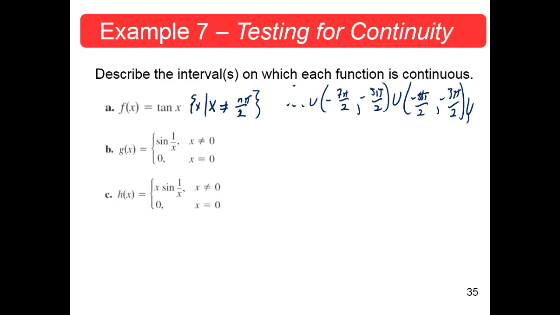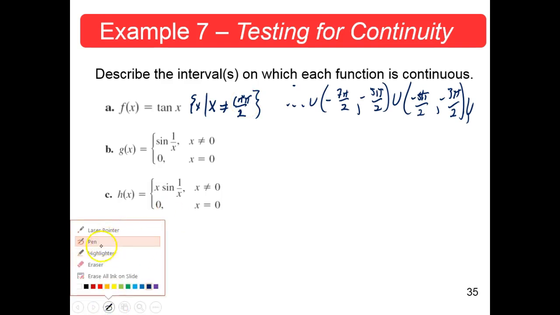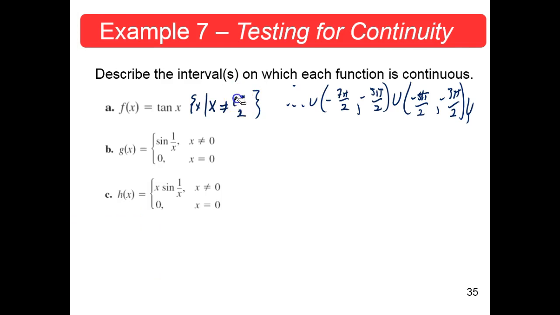Negative 7 n pi, negative 5 n pi. Oh, you're right. Sorry about this. Where n is, okay. Is that right? No. I've got to correct that. You pointed out something that is wrong here.